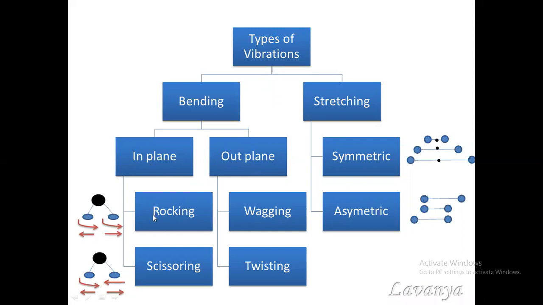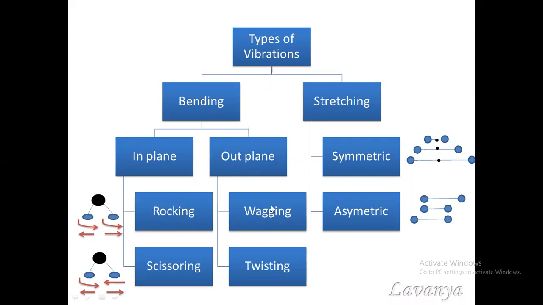And the in plane can be further classified into rocking and scissoring. Rocking is, as shown in the figure, these two atoms moving in the same direction, either towards the right side or towards the left side. If this is taking place within the plane, that is called rocking.